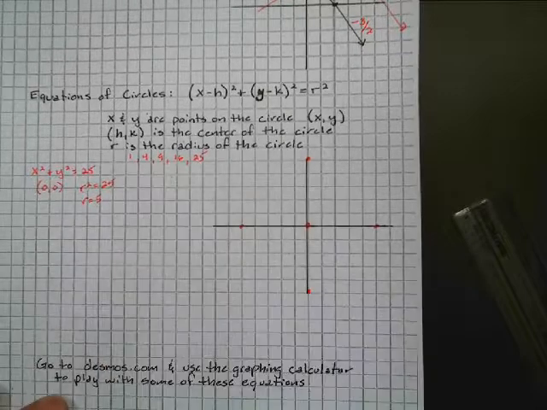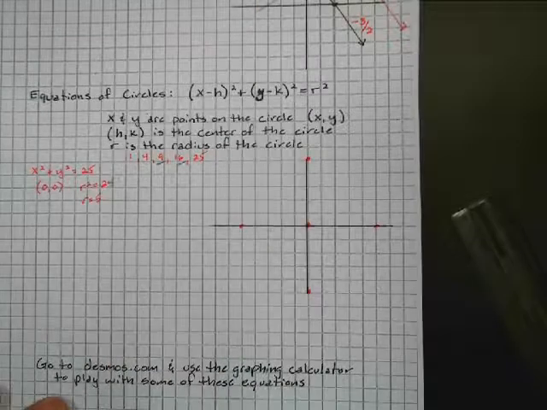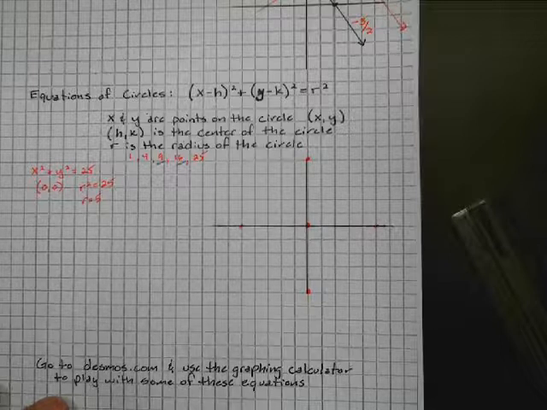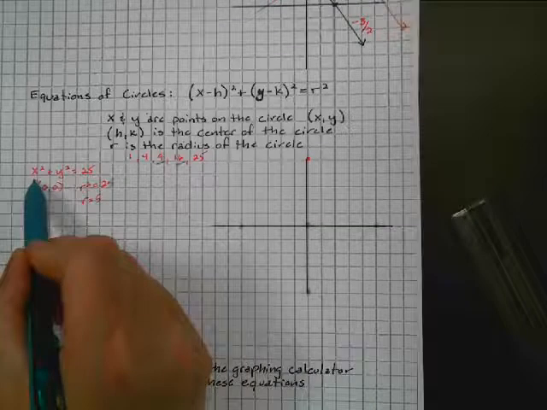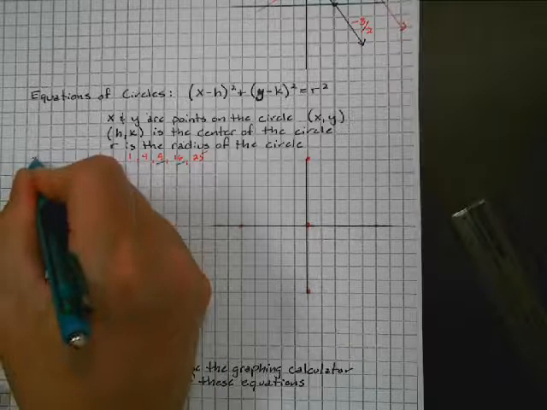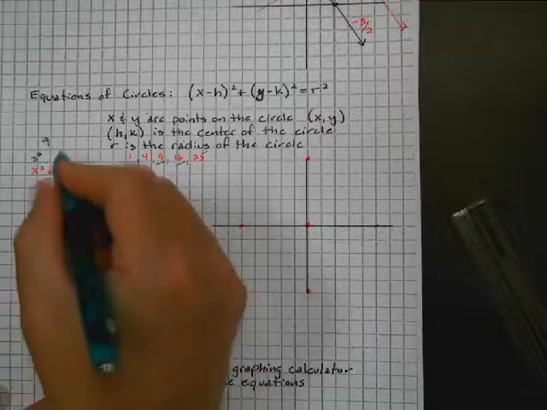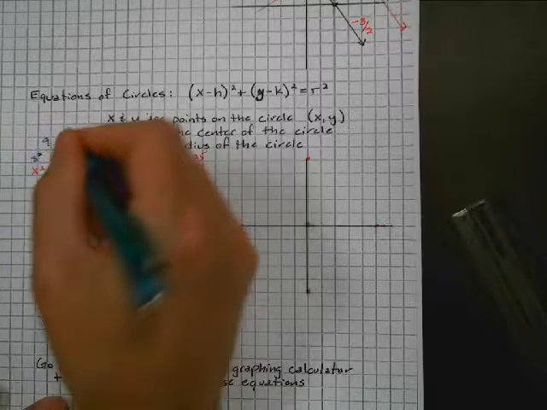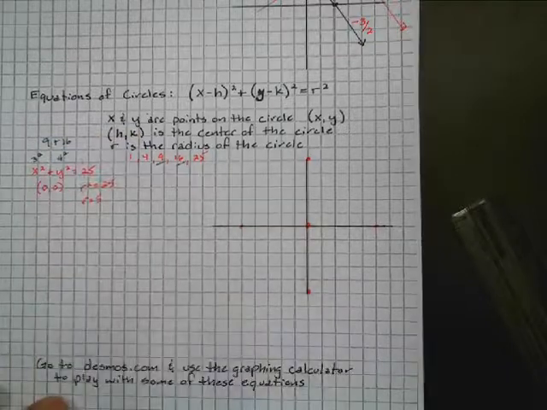And there are. 9 and 16 add up to 25. Now why am I bringing this up? Because this gives us extra points that we could plot. So if I take 3 squared, that gives me 9. And if I take 4 squared, that gives me 16, and 9 plus 16 equals 25.